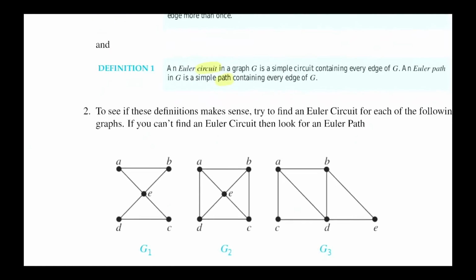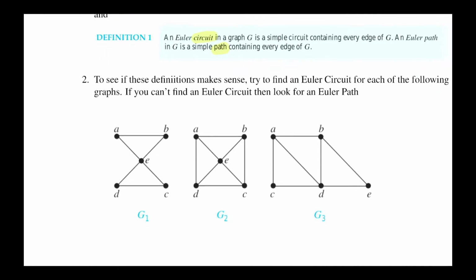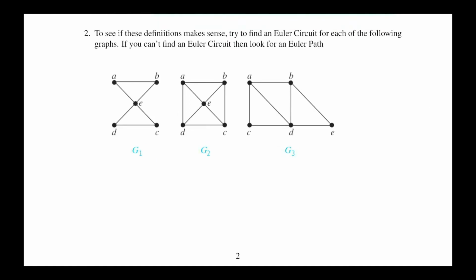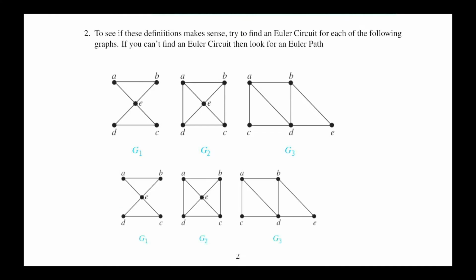Okay, so let's just try to find an Euler circuit on each of these. I'm going to copy these twice because we're going to try to find an Euler circuit and then an Euler path. Let's take that, copy, paste. She would have just pasted it the same size, but okay.